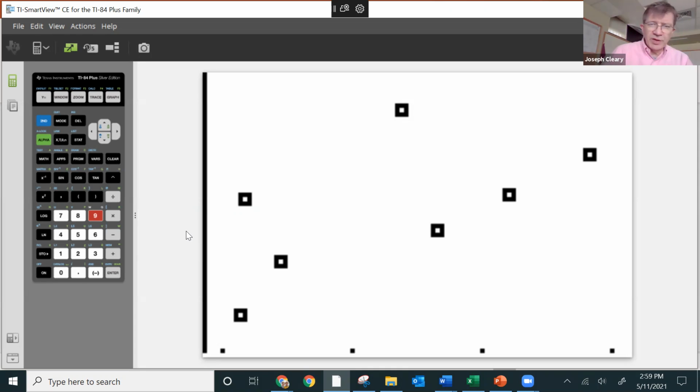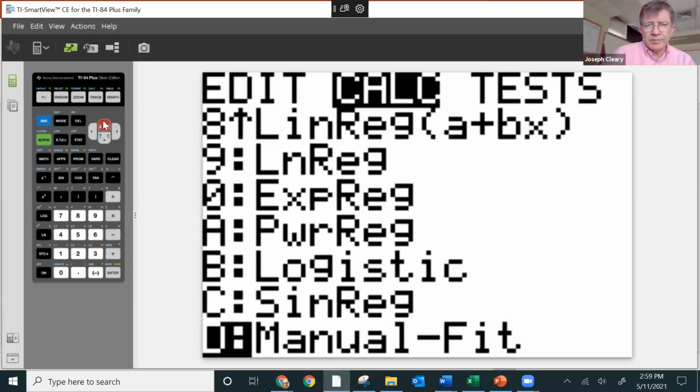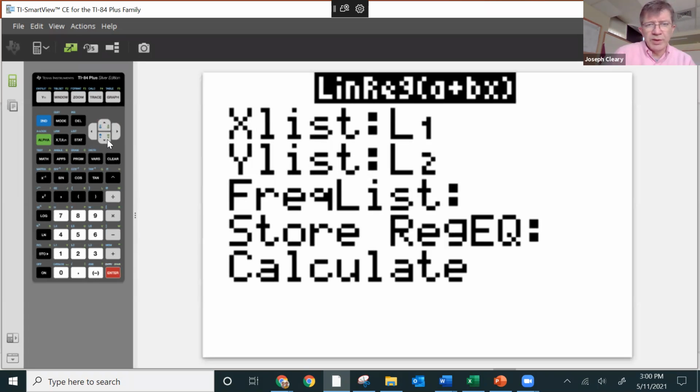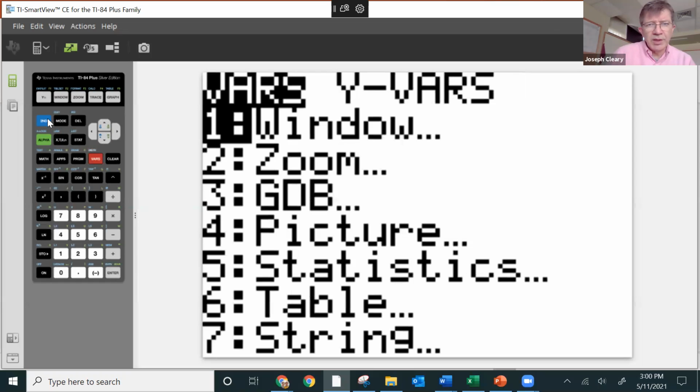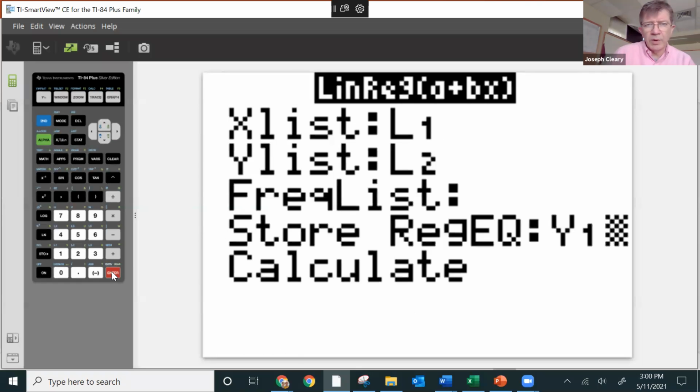And so then my next step would be to create a linear regression line by going to stat calc and go to LinReg number 8, which is the statistical format for the linear regression equation. So I'll hit enter and L1, L2, and then I'll store it at Y1 by hitting vars, Y-vars, function Y1.